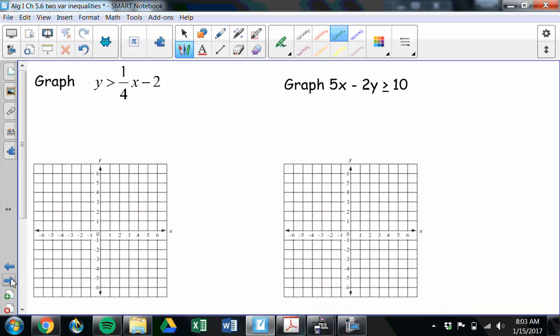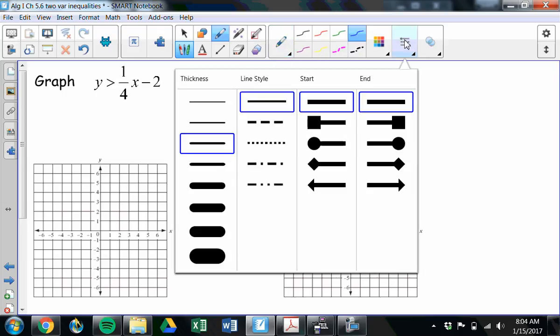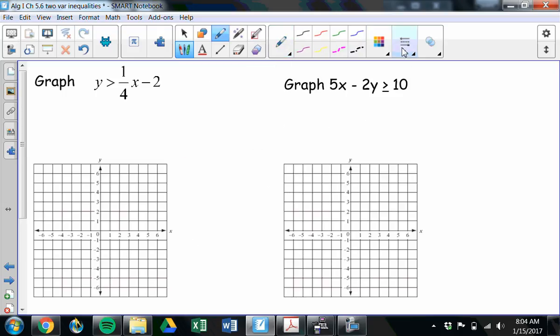So I'll just do a couple more examples and that should take care of it. This time we have a greater than. When you have a greater than, instead of graphing below, you graph above. So this is going to have a dotted line, and it's going to graph above. My y-intercept is -2. My slope is 1/4, up 1, right 4, which would be here, and down 1, left 4, which would be slightly off screen.